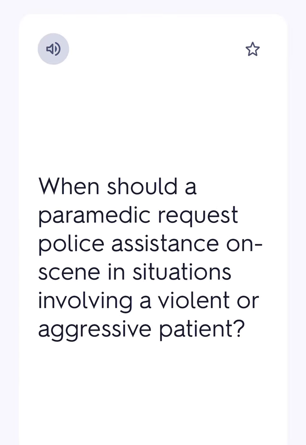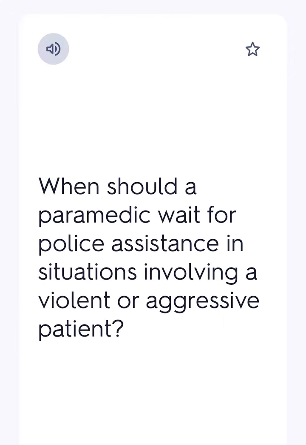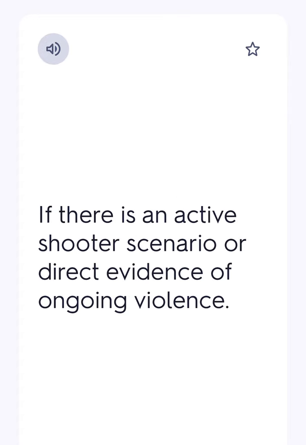When should a paramedic request police assistance on scene in situations involving a violent or aggressive patient? In all situations. When should a paramedic wait for police assistance in situations involving a violent or aggressive patient? If there is an active shooter scenario or direct evidence of ongoing violence.